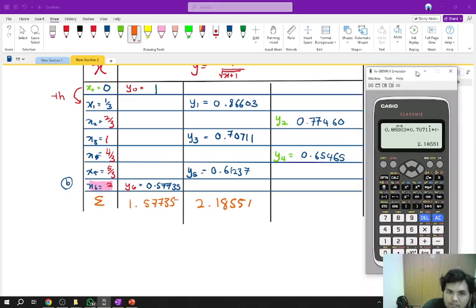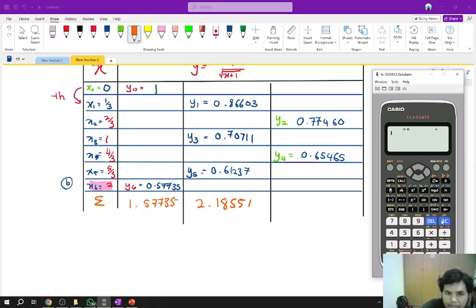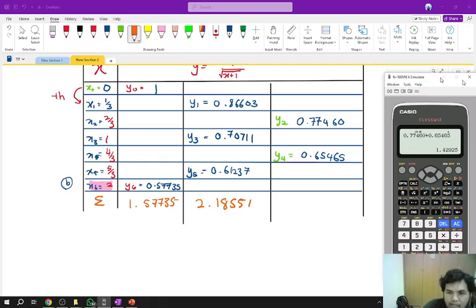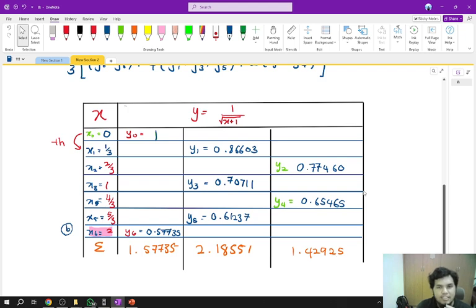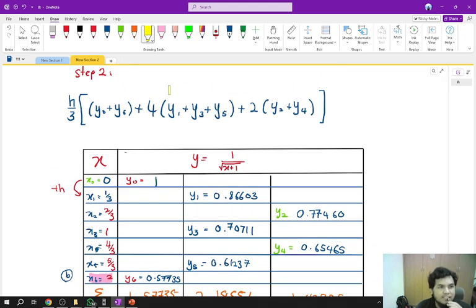And the last column, 0.77460 plus 0.65465. Okay, so we have 1.42925. Okay, good.